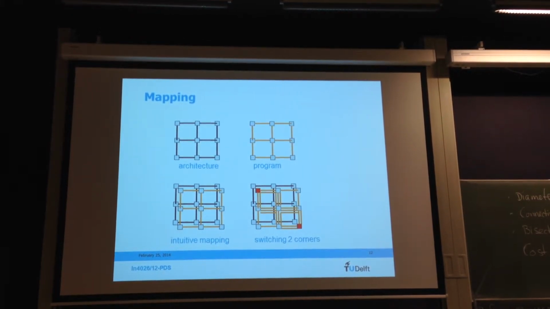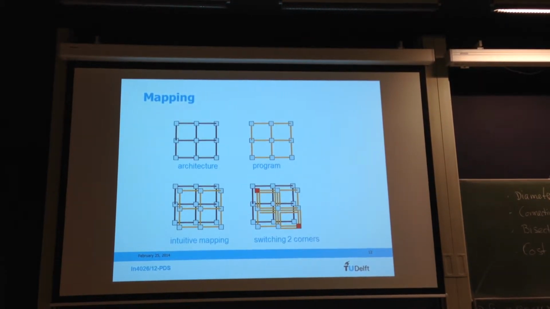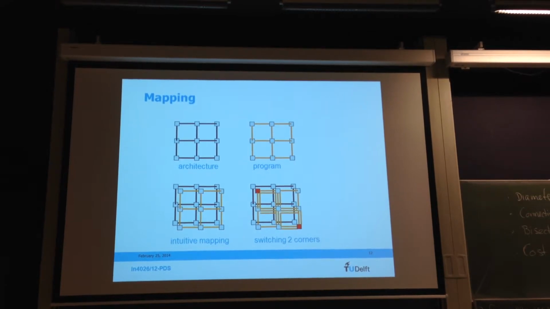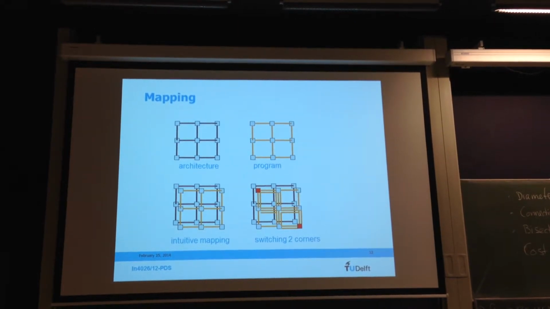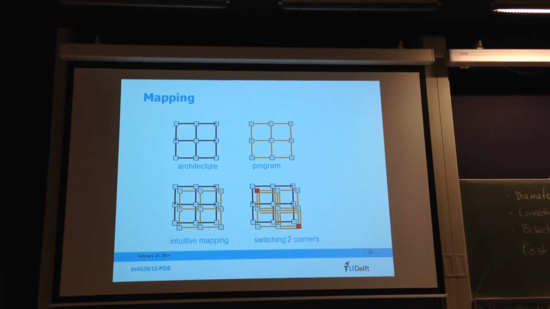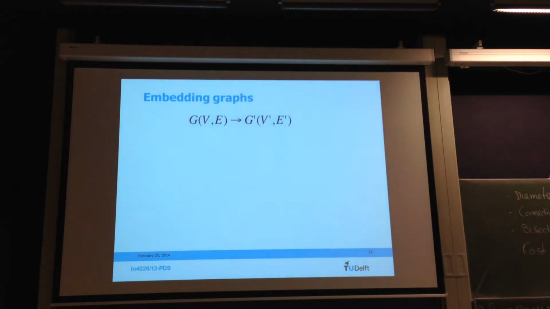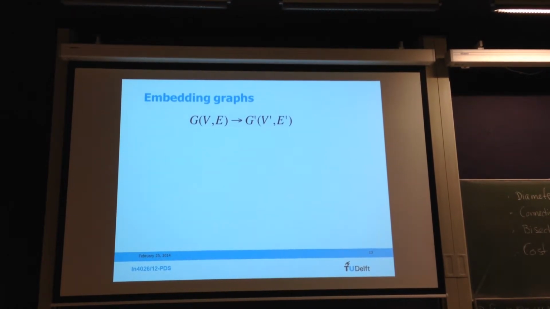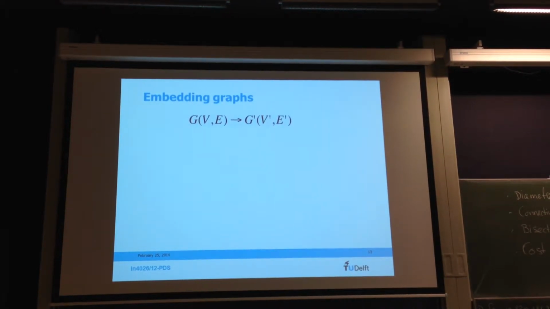So mapping is how can I map a programmatic structure, for instance, onto a physical structure in a kind of nice and elegant way, and how can I do that? That's the topic of the next few slides. And if we look at this more abstractly, it's about embedding of graphs.